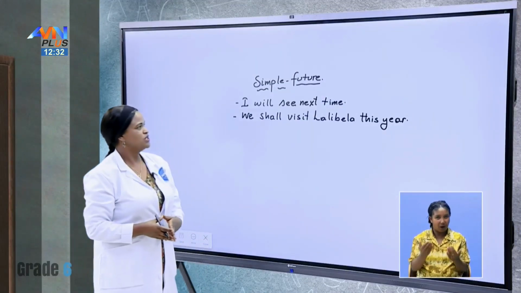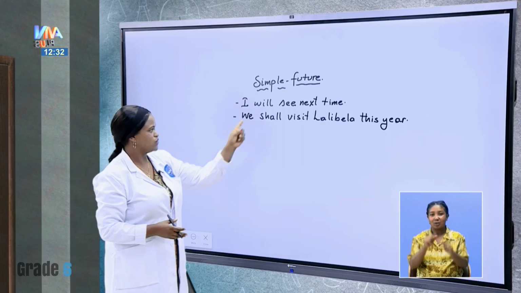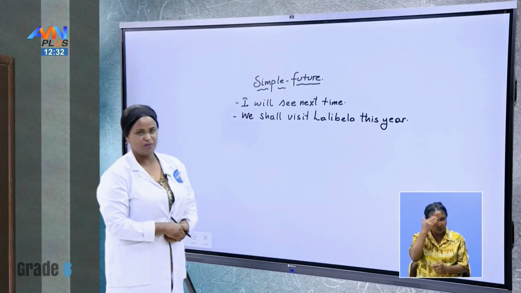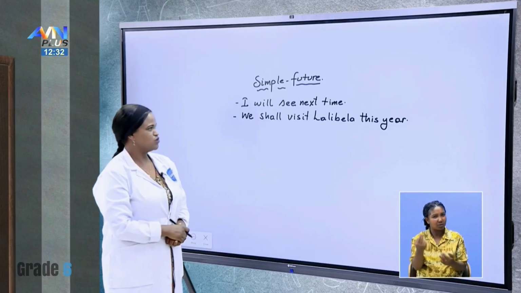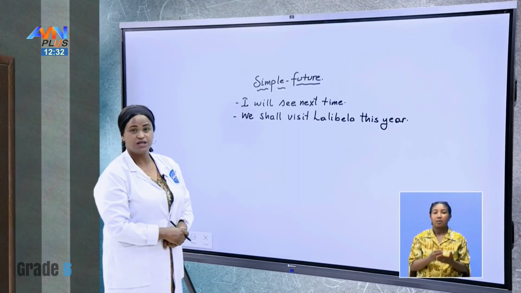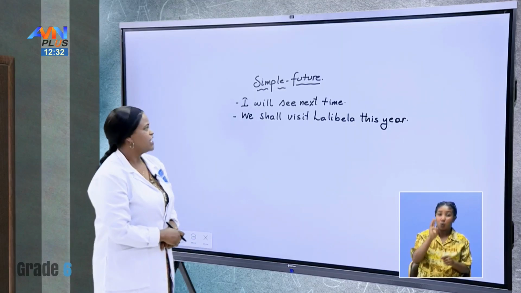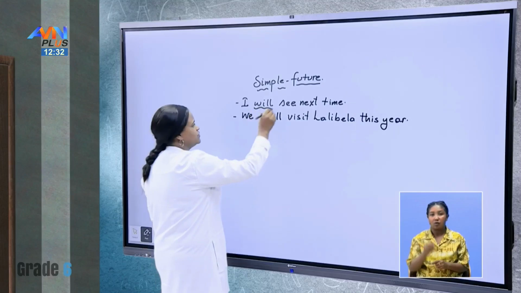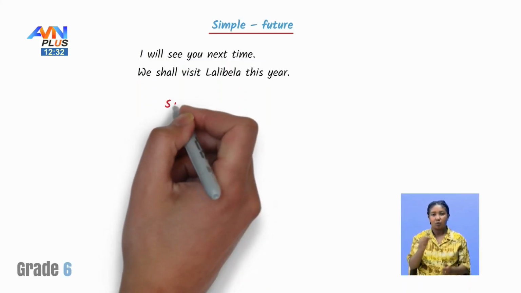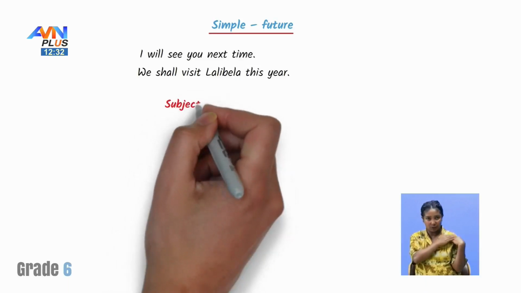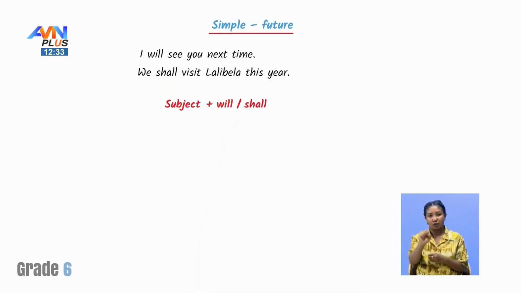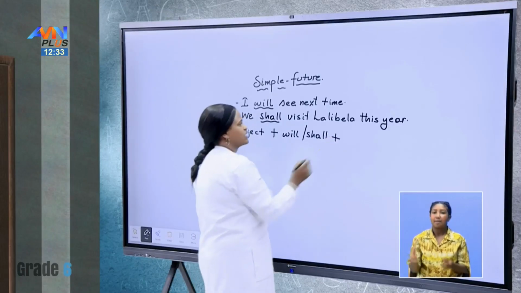Something after now. Let us see the first group, this one, will and shall. Do you know about will? By the way, these days we are not using shall most of the time in the case of future, yeah? But it is a future auxiliary, will and shall. Yes? And will and shall here are in the form of subject plus will or shall, yeah, plus what kind of verb do I have?